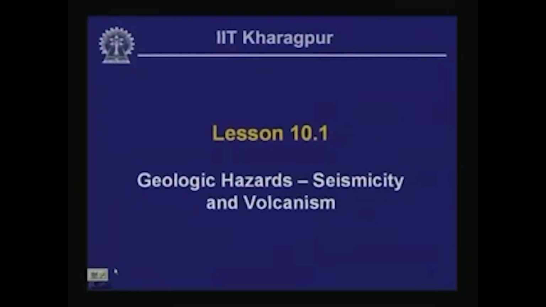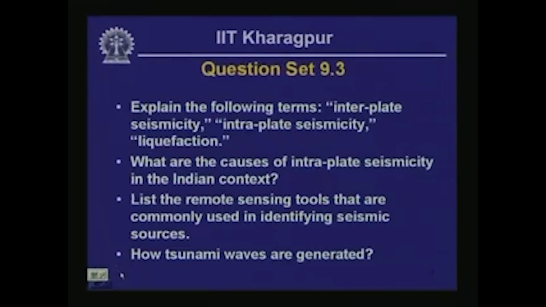Okay, before we do that though, we are going to look back at the question set of the previous lesson, and here are the questions. The first question that I asked was, explain the following terms: interplate seismicity and liquefaction.